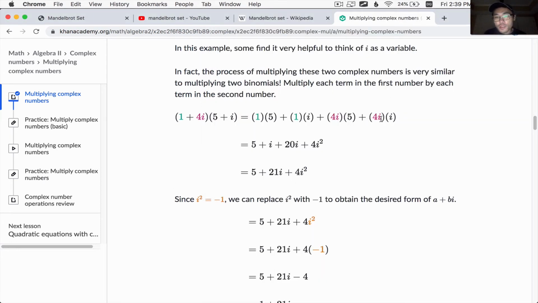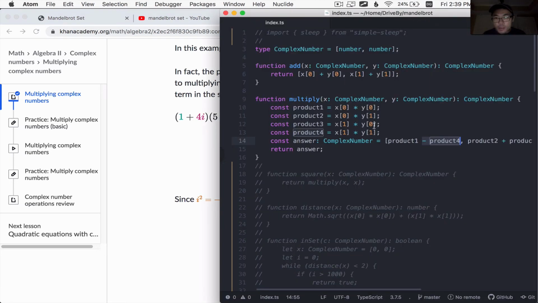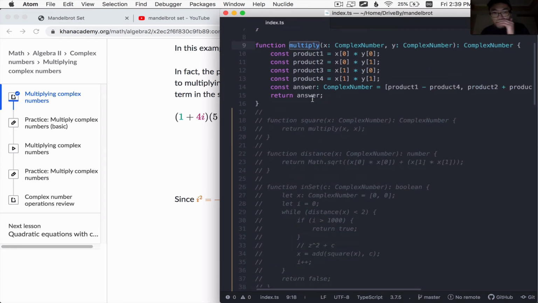So product 4 is, I do the multiplication, and then I can just get rid of the i and flip the sign and combine it with product 1, which was over here. And as to product 2 and product 3, I can just add those guys together, and that's my result for multiply. So multiply actually is quite easy as well.